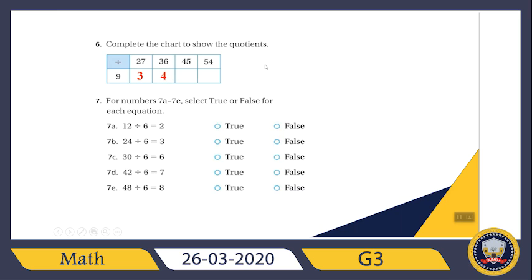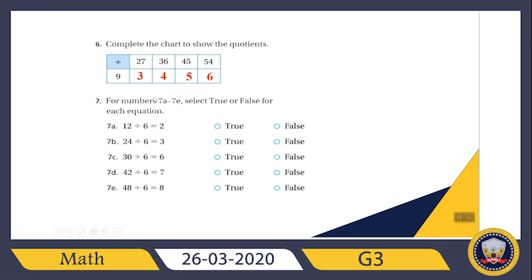Good job, 4. What about 45 divided by 9 or 9 times what equal 45? 5. Good job. What about 54 divided by 9 or 9 times what equal 54? 6. Good job.